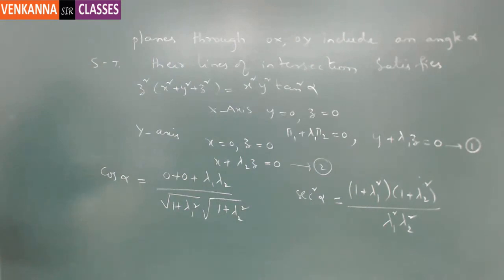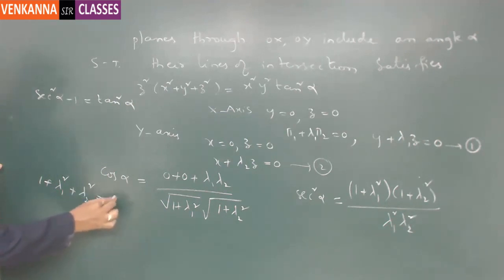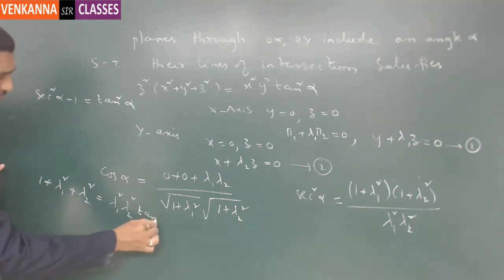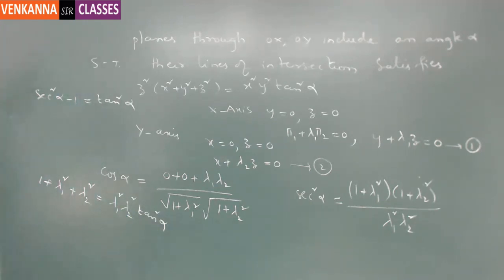Simplification is very easy. As you know, secant square alpha minus 1 is equal to tan square alpha. Substituting that, you will get 1 plus lambda 1 square plus lambda 2 square is equal to lambda 1 square into lambda 2 square into tan square alpha. That thing you will get.